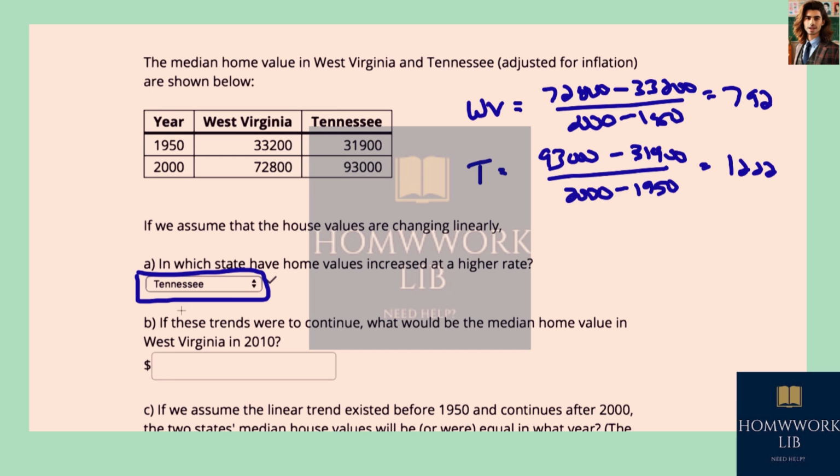That is correct. If these trends were to continue, what would be the median home value in West Virginia in 2010? Well, if we come up with a formula, a linear model, where we're using the slope of West Virginia, 792, and let's use the first ordered pair, x is 1950 when y is 33,200.